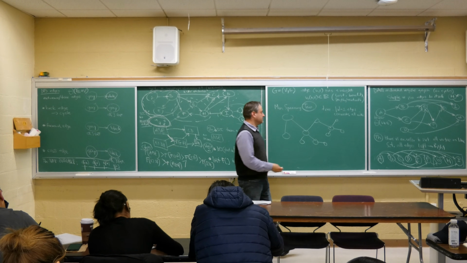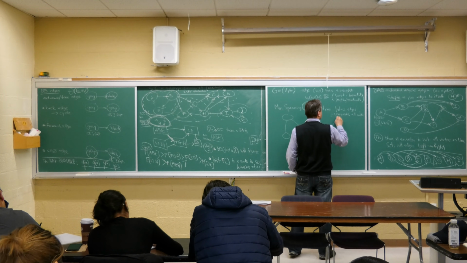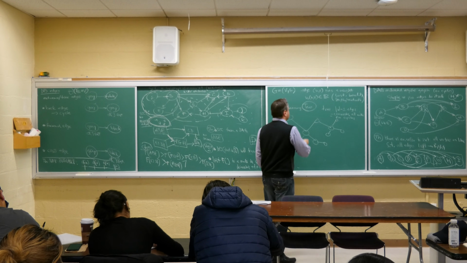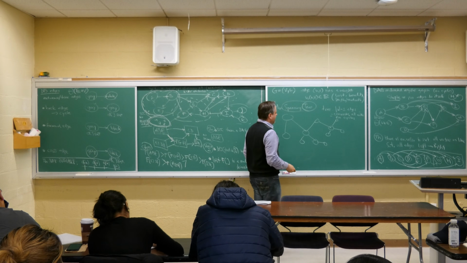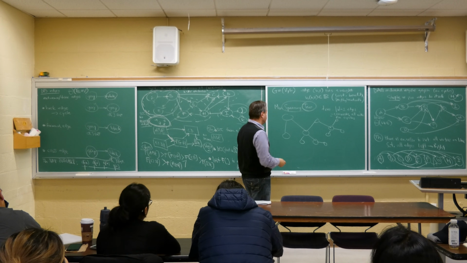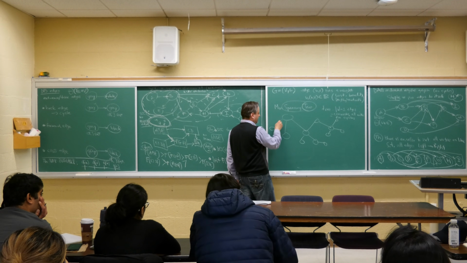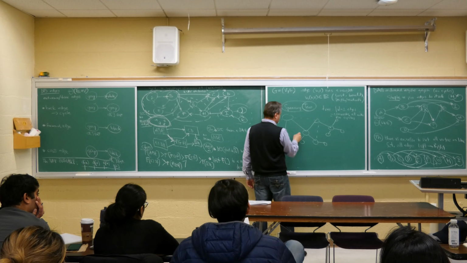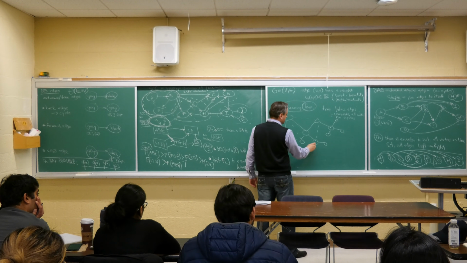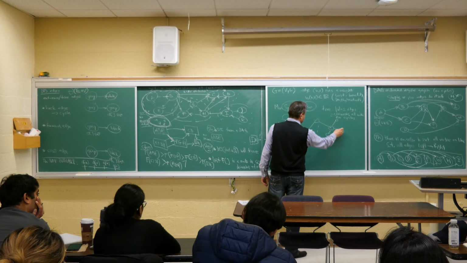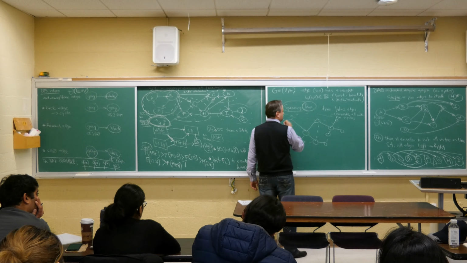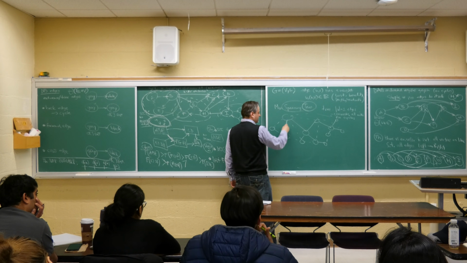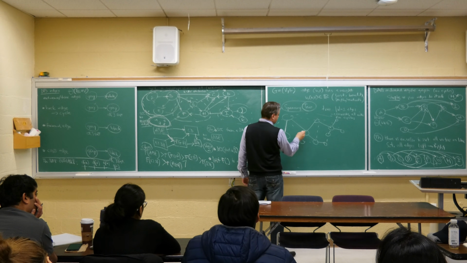No cycles. That's a spanning tree. I may have other edges in this graph, this edge, this edge, this edge, and so on and so forth. But they're not used. The edges being used are this edge.